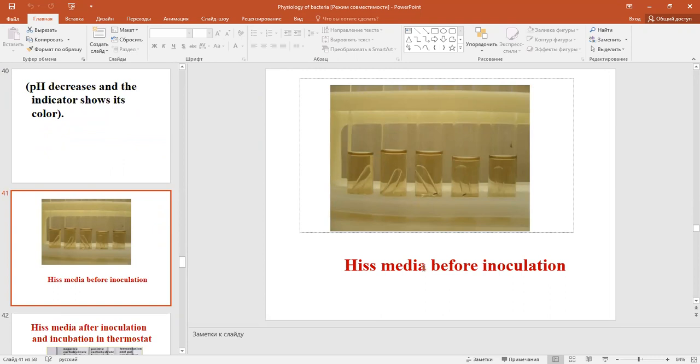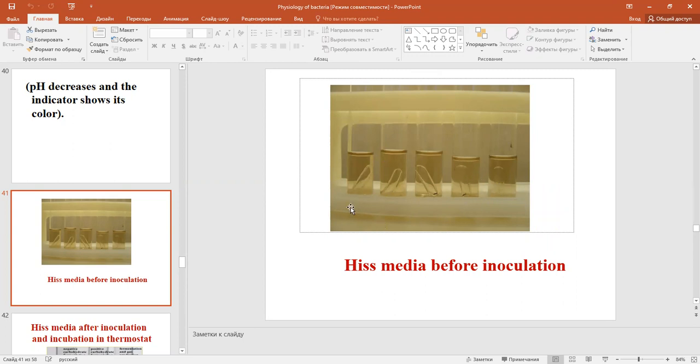In this photo, Hiss media are a line of test tubes with a liquid medium inside. The medium is very simple for enterobacteria. They don't need enriched media, at least 1% peptone water. In every test tube, there is a certain carbohydrate such as glucose, maltose, sucrose, lactose, and so on.